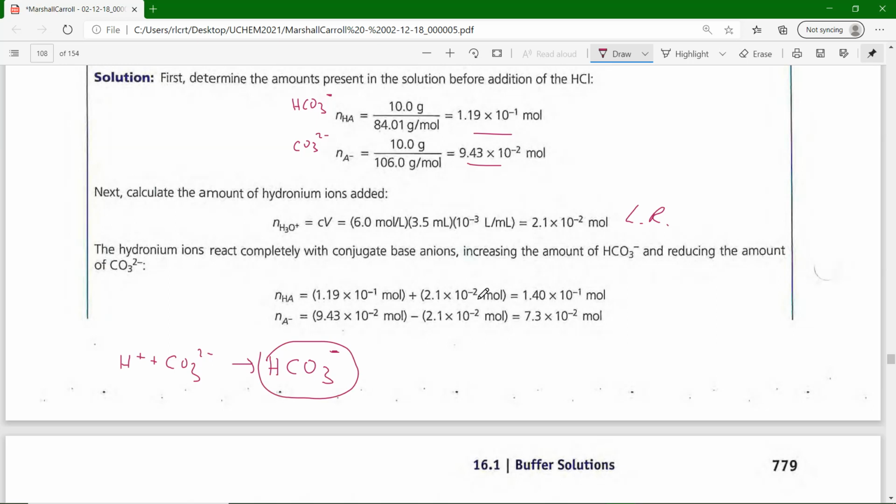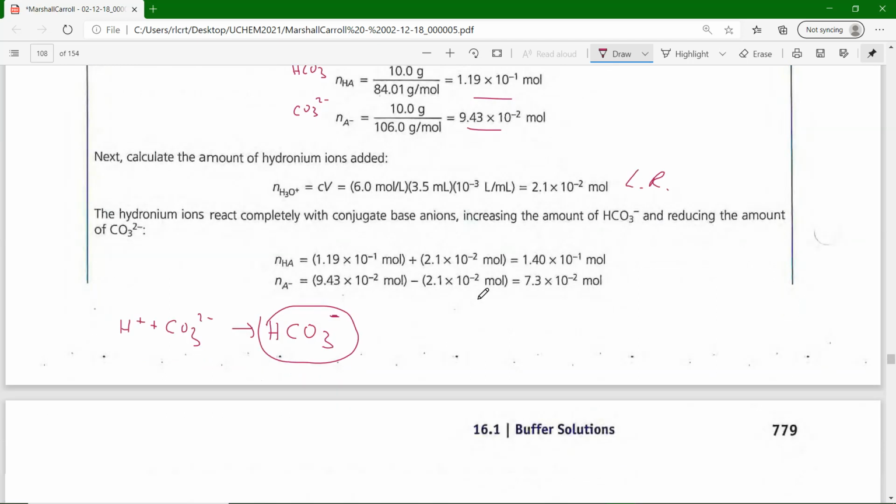So they get the moles of HA is the initial number of moles, 1.19 by 10 to the minus 1, plus the incoming HCl, 0.021, and you get 1.4 by 10 to the minus 1. Now, I forget what the question asked for. What is the pH of the solution? Well, we got that. It was 10.23, and now we're making a change in the buffer.